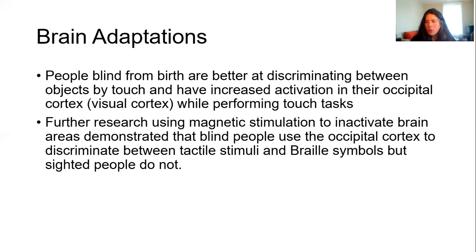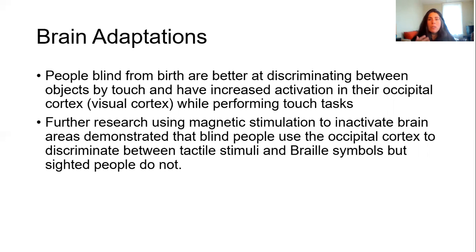So when you read the module on research methods, you're going to read about transcranial magnetic stimulation. There is a machine that has coils that you can send pulses of magnetic stimulation to the brain.